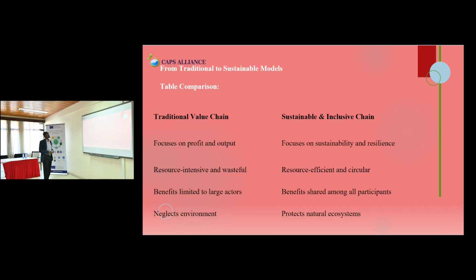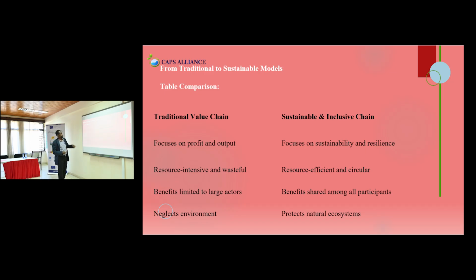Now, traditional versus sustainable models. If you compare the traditional or conventional models with the modern methods, the traditional value chain and the sustainable and industrial change, because we need to move from small consumption to industry. The traditional focuses on profit and output, but the profit may not be so much.